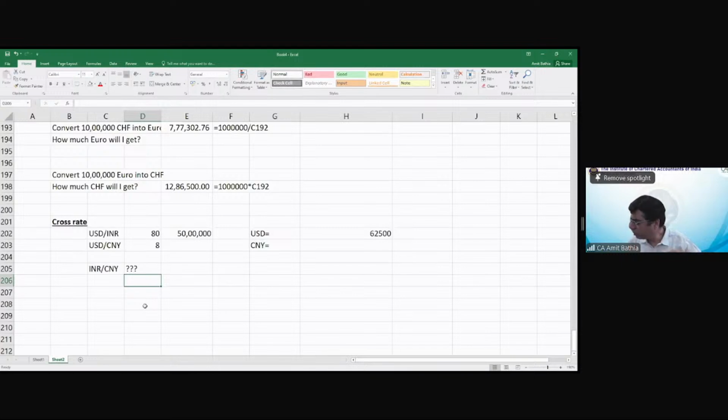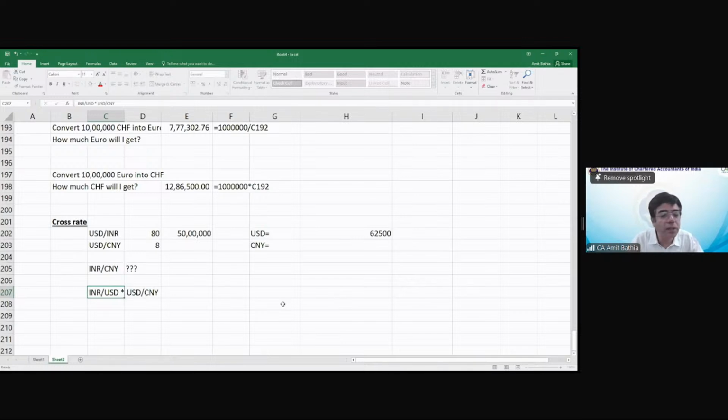Yes, I'm sorry, you were saying? Mathematically, the equation is INR divided by USD, multiplied by USD divided by CNY.